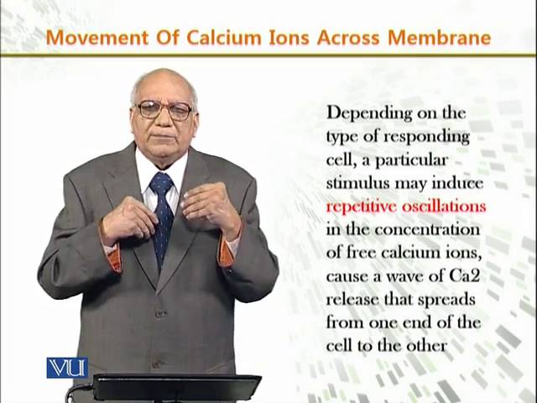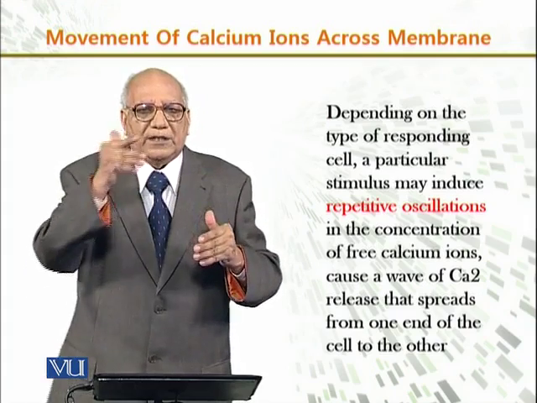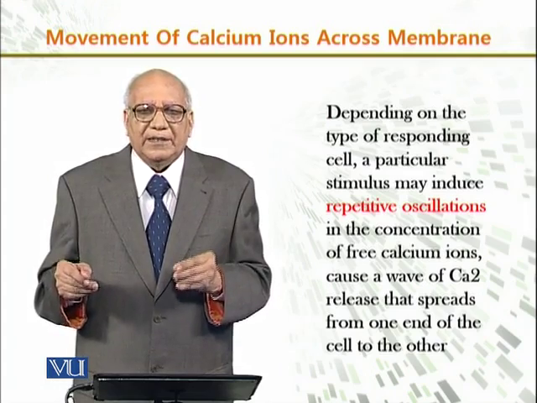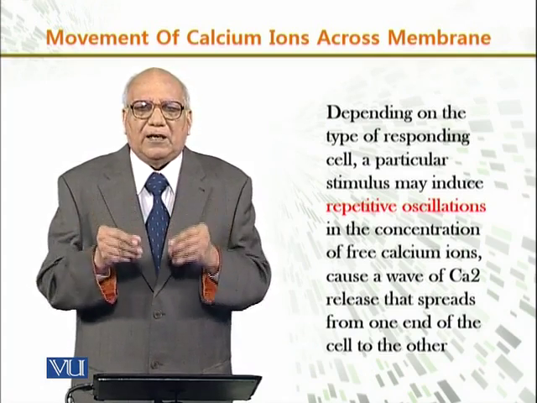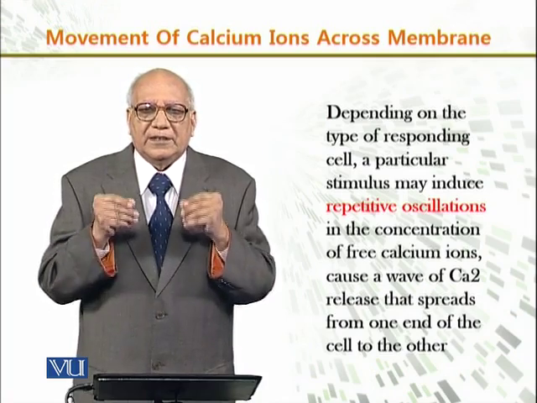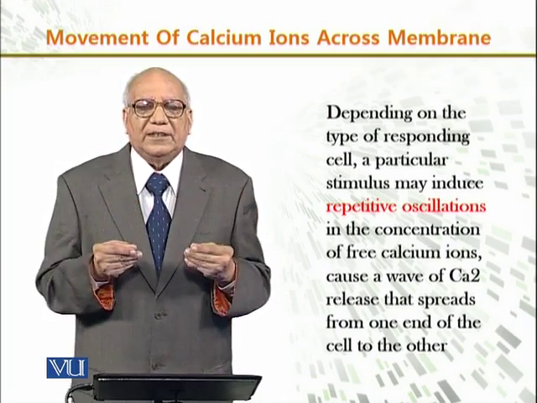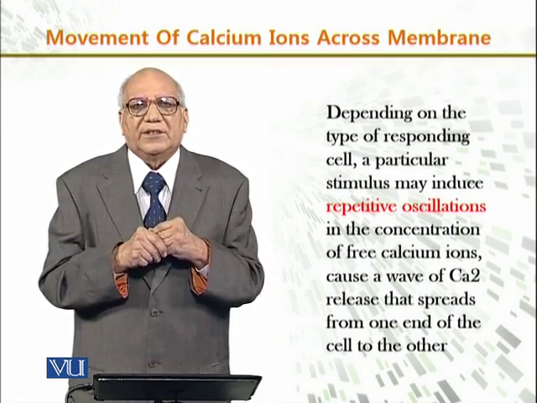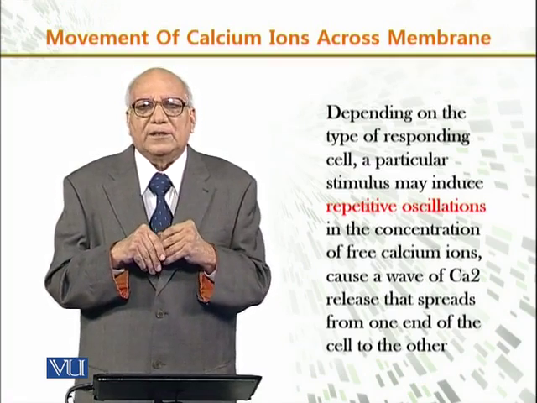Sometimes the concentration increases, sometimes it decreases. This oscillation causes a wave of calcium release that spreads from one end of the cell to the other, and this is how the signaling process is controlled continuously during the cell growth process.